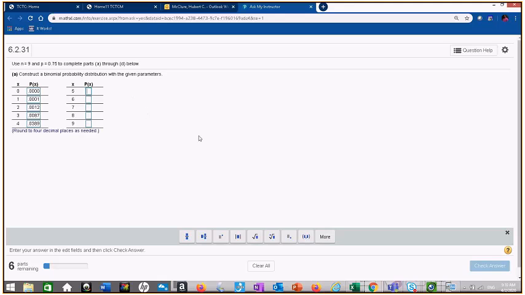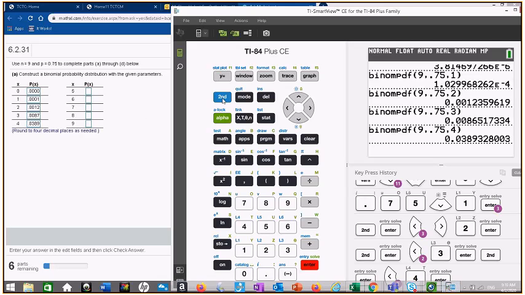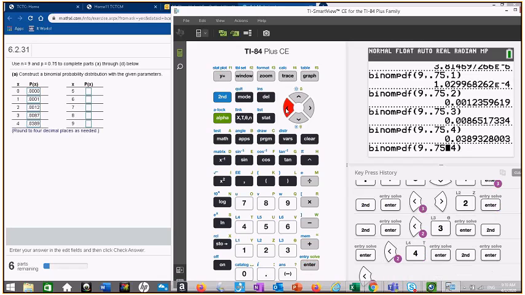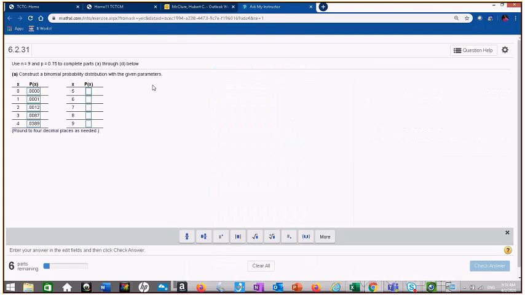Next, type in a 5. Second, enter, type in a 5. 0.1168. Type in a 6.